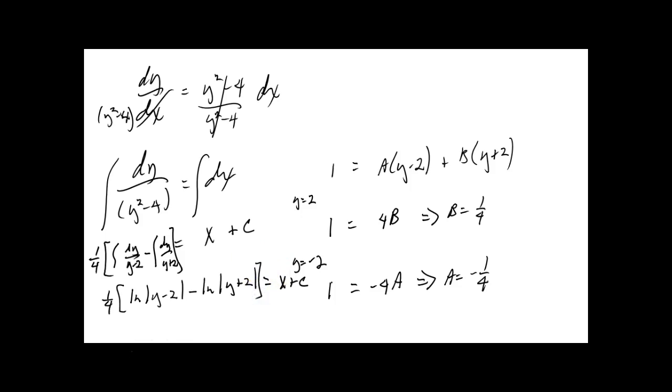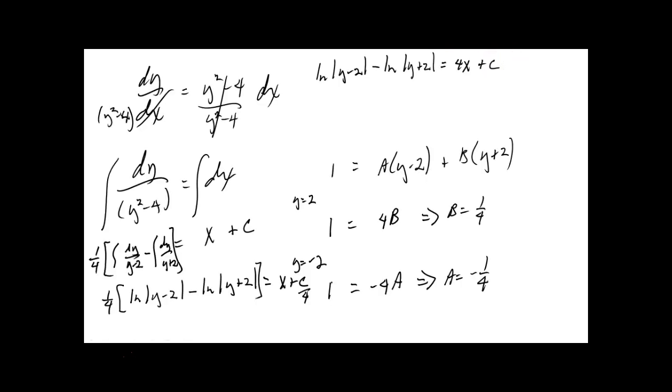If it's all right with you, I think I'll go on and multiply both sides by 4, and maybe make that c over 4. So now I've got log of y minus 2 minus log of y plus 2 is equal to 4x plus c.